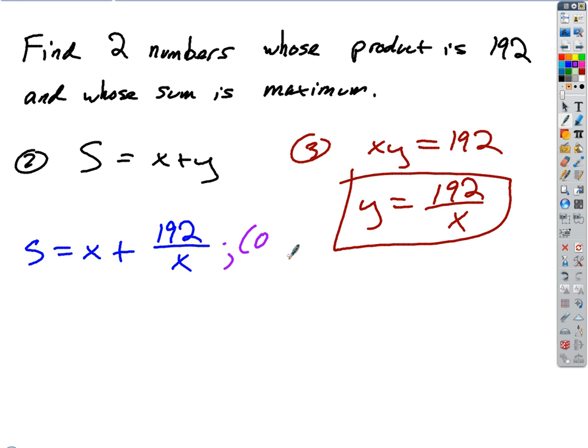So as y shrinks down to 0, based on this equation, x would have to get really big. Is there a limit to how big x could be? No, not really. So x would approach infinity, and the sum would be maximum. Make sense?